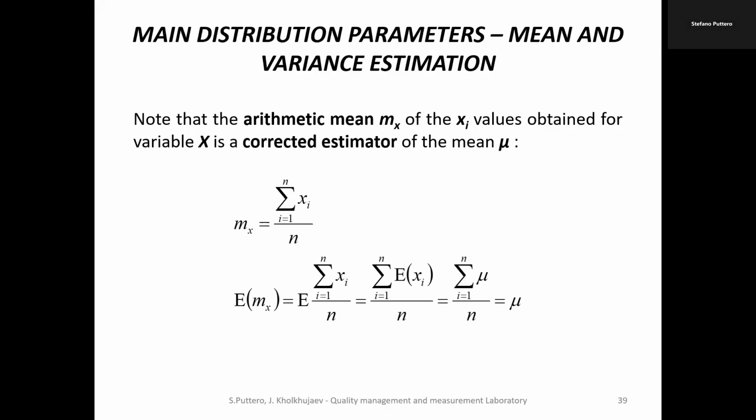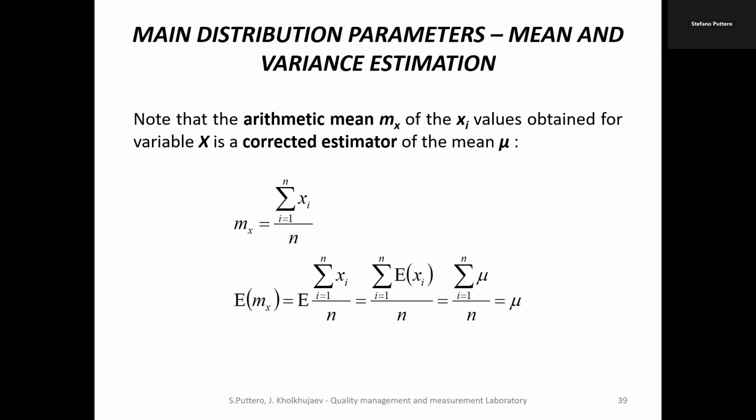Okay? So a corrected estimator for the mean of the distribution, for the central value of the distribution, is the arithmetic mean. It is indicated with the symbol mx.